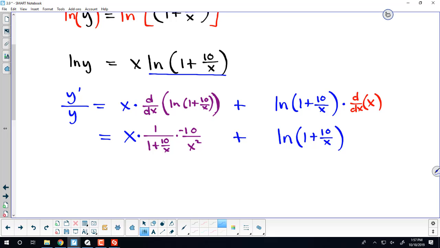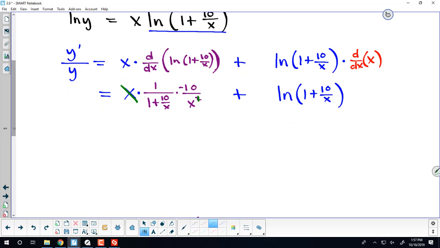Okay, so one of these x's, this blue x with this x squared on the bottom, one of those will cancel out. So this x will turn this into an x to the first. And then that x to the first on bottom multiplied by 1 plus 10 over x will also get rid of that funky fraction 10 over x.